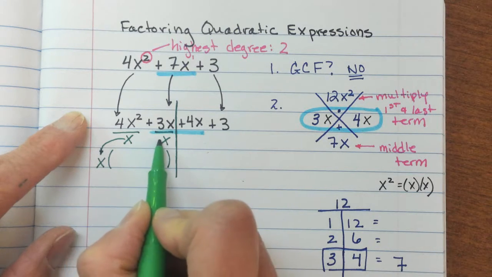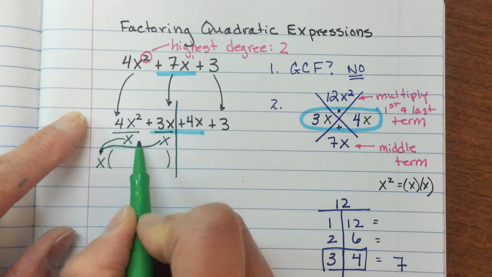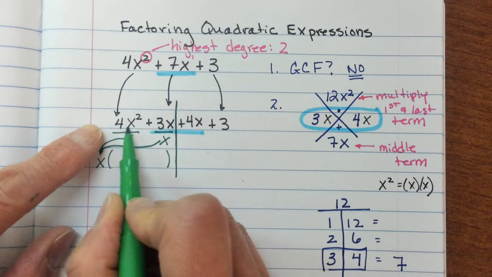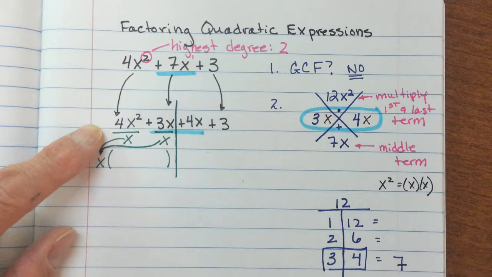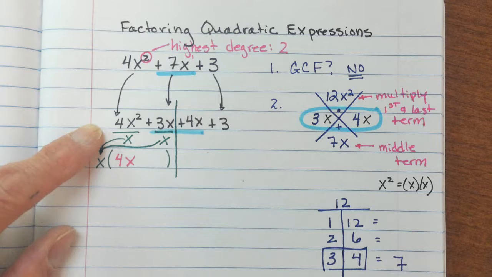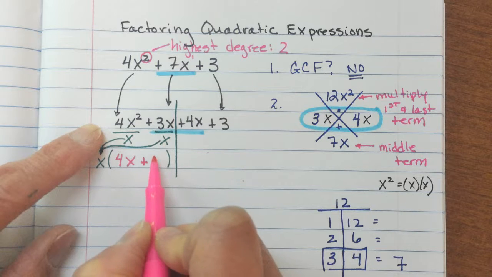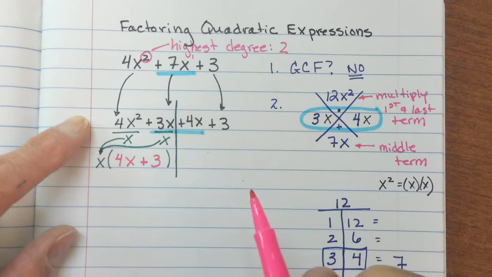Just want to show you that comes out in the front, undistributing. So then when I divide, this becomes 4x. When I divide 3x by x, that just gives me a plus 3.